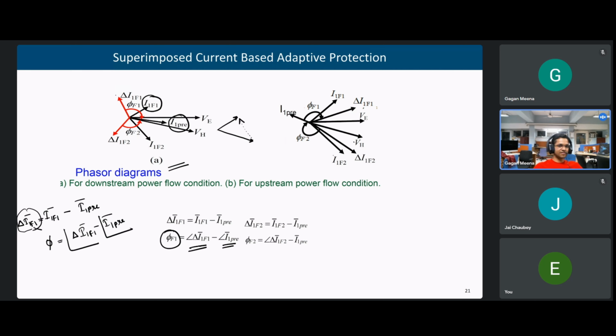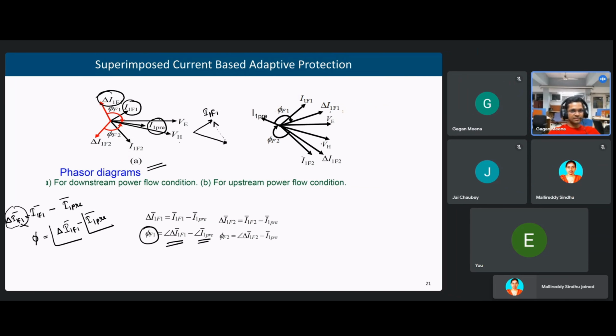Here we can see this I1 F1. This is the superimposed component, the red phasor. And now we want the angle between this pre-fault positive sequence current and the positive sequence superimposed current.